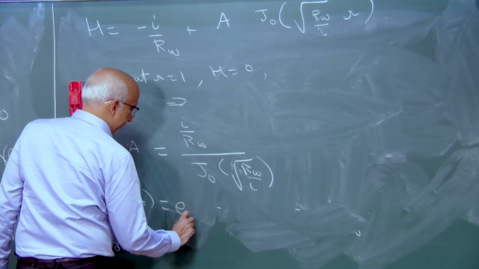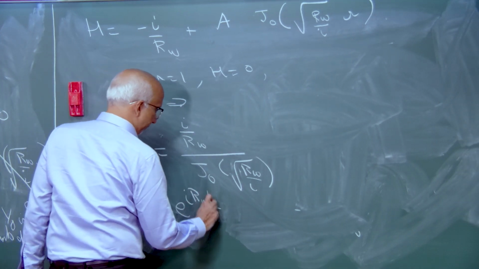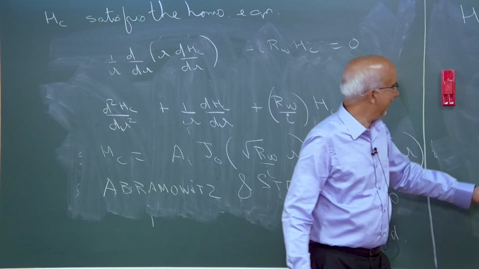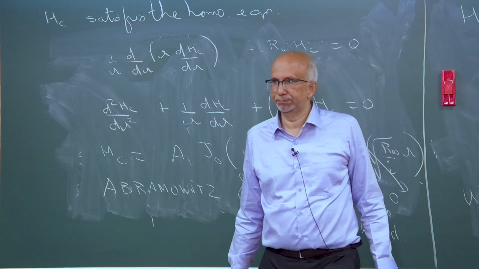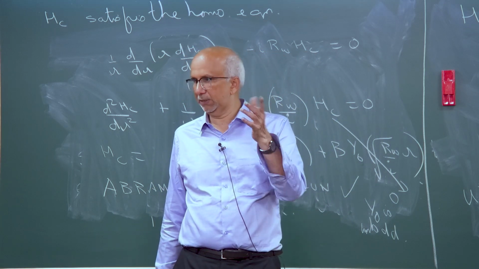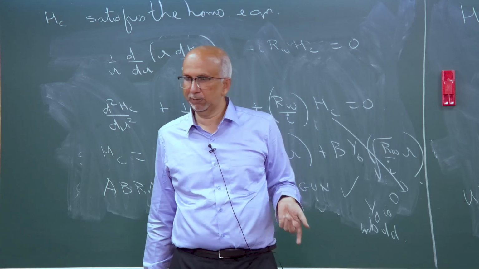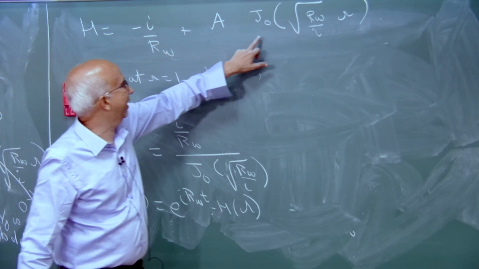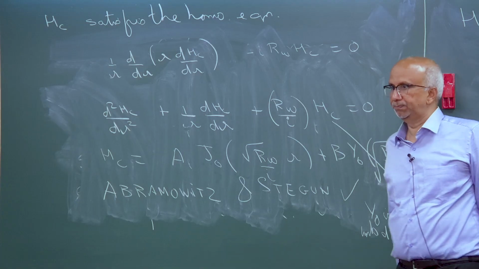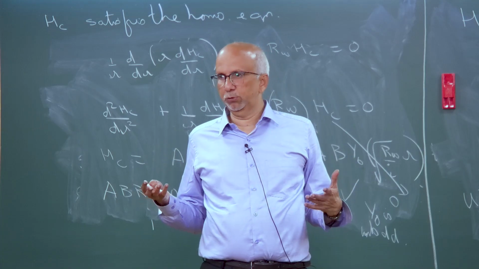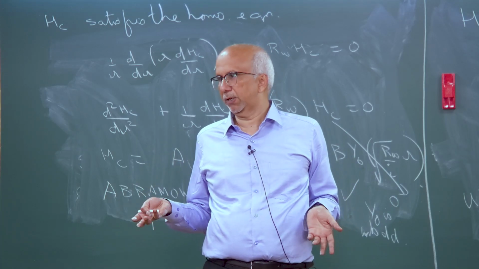It is e power I Rw t times H of r, and H of r is also complex. E power I Rw t is complex because I changed the non-homogeneity to e power I Rw t. H of r is already complex, lots of i's sticking all over the place. So now you have a complex function, and you have to calculate what the imaginary part is.